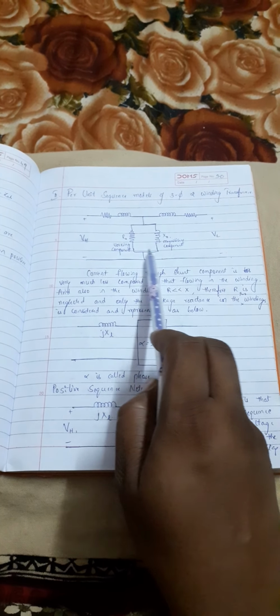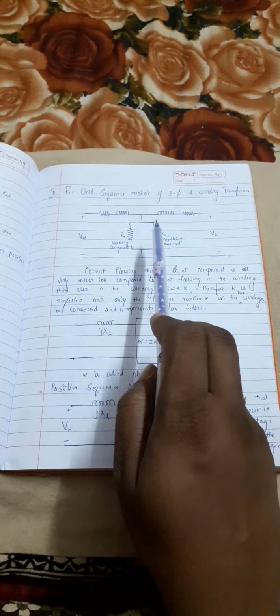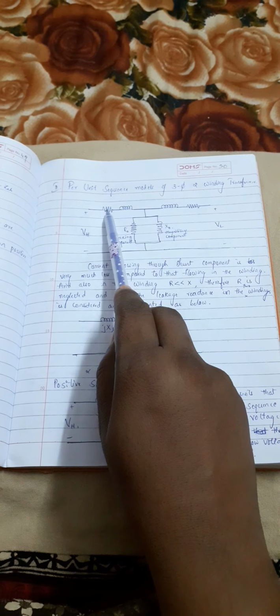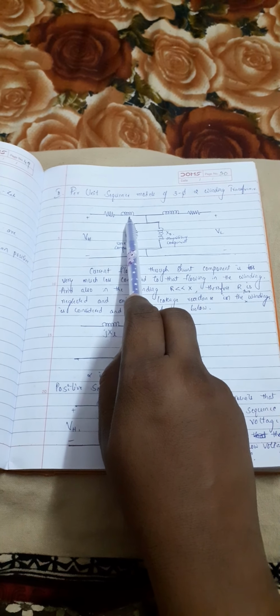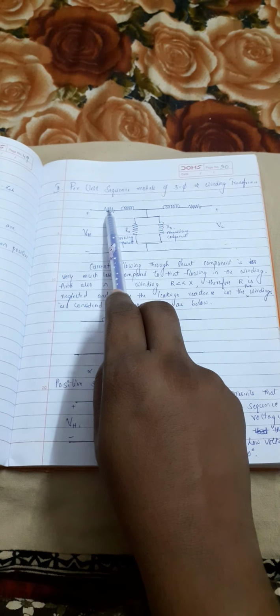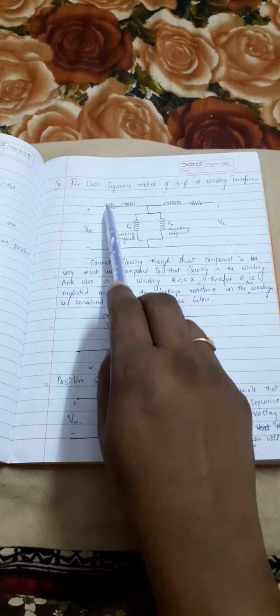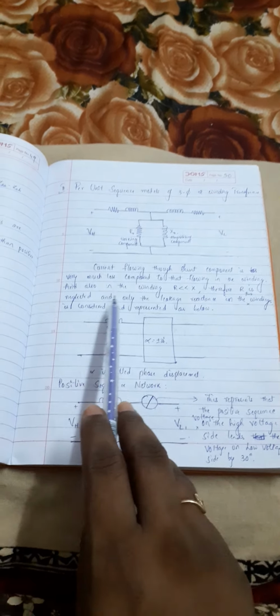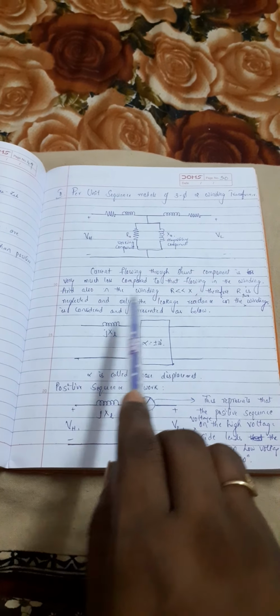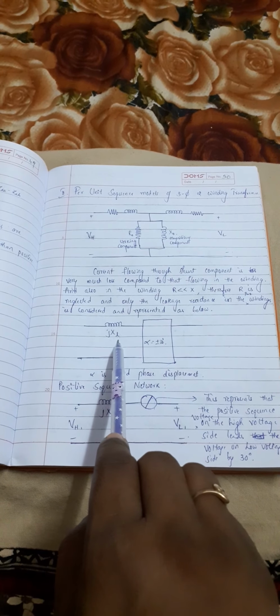So I am going to neglect this shunt component, and also the resistance is very much less than the reactance, so I am going to neglect this resistance and represent the winding with the leakage reactance, which is represented by jXL.